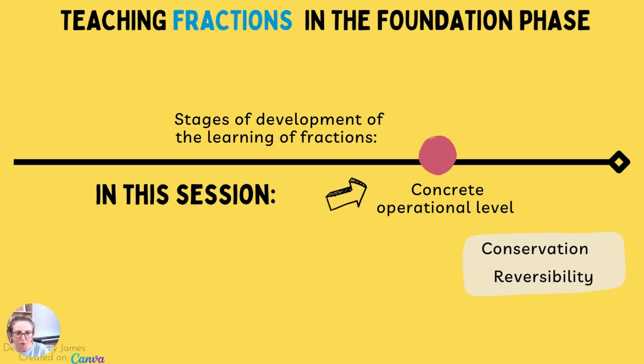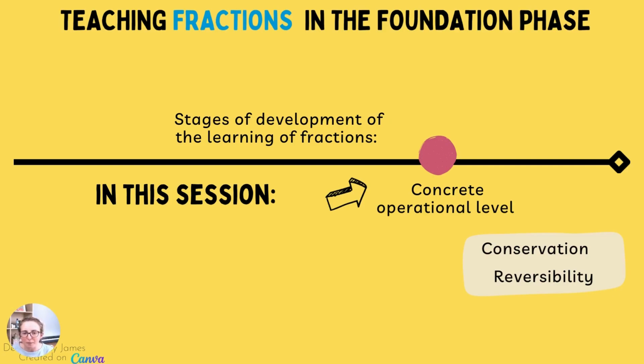So in this session, I'm going to be focusing on learners who are at the concrete operational level, if we're thinking about Piaget. So end of grade 1, grade 2. So prior to this, learners come into school with some knowledge of fractions. They have been sharing, they have been engaged in play where they've needed to know, okay, let's be fair and share things amongst each other, okay?